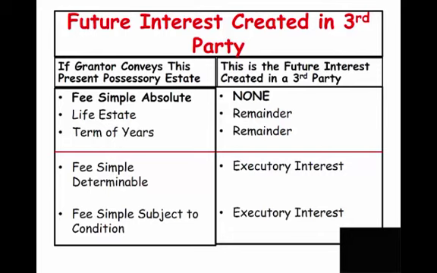So today we're going to focus on the future interest part of this equation, whereas last class we were talking more about the language that created the fee simple determinable or the fee simple subject to condition. We're going to start, though, with the remainder that follows a life estate and a term of years. And once we've worked on understanding what a remainder is, then we'll look at executory interests.